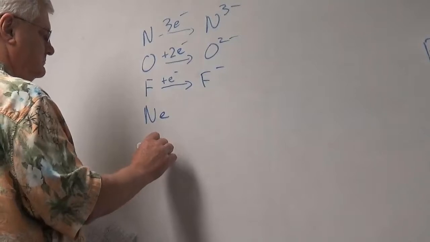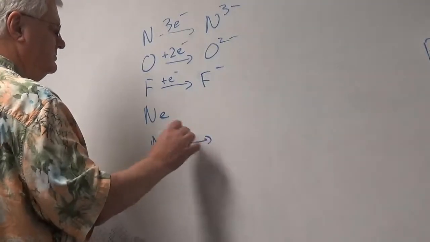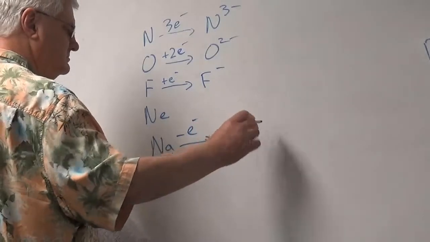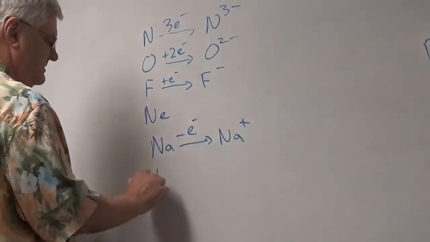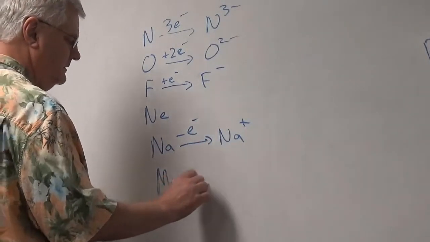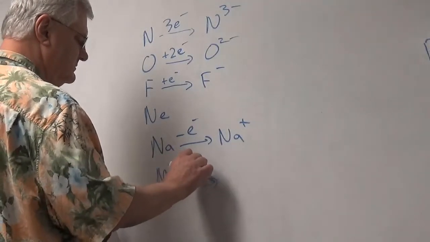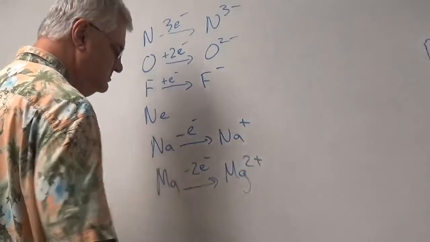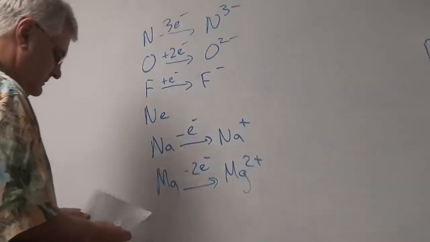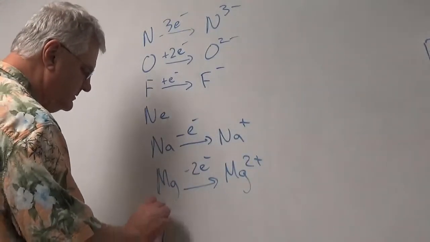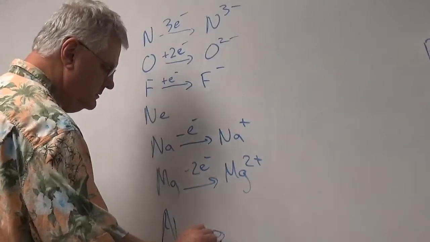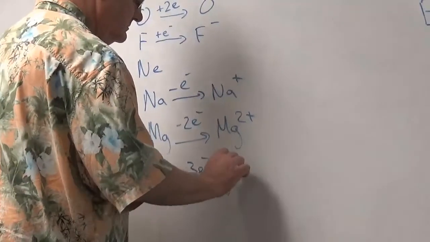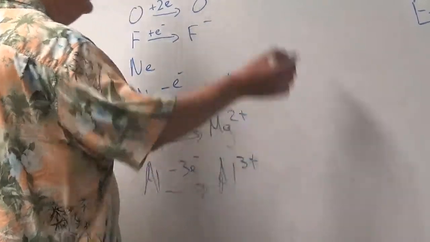And then going the other direction, if sodium loses an electron, it ends up with a 1+ charge. We just mentioned magnesium. If it loses 2 electrons, now we'll have a 2+ charge. And then aluminum, and we'll stop here, if it loses 3 electrons, it has a 3+ charge.